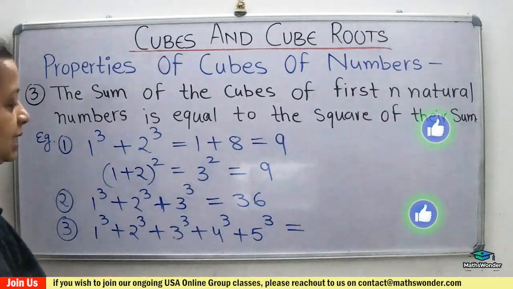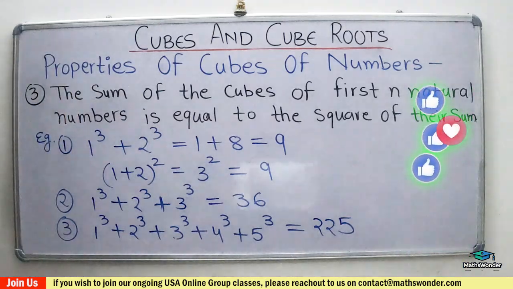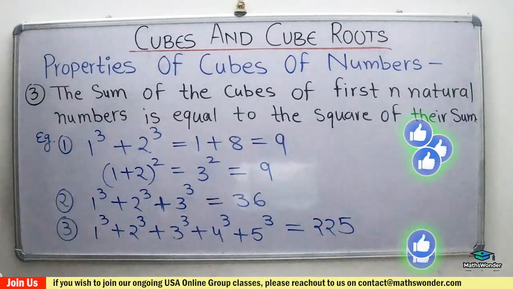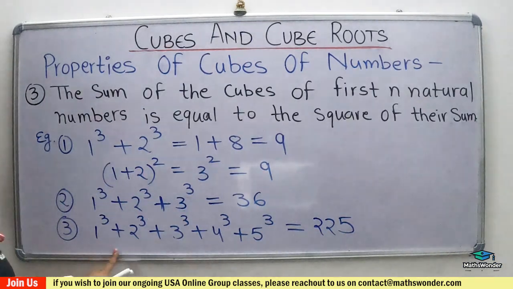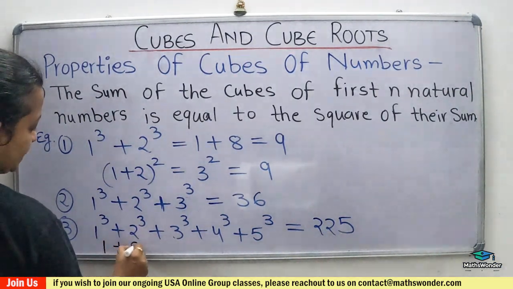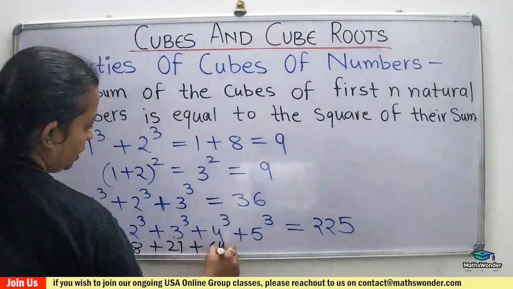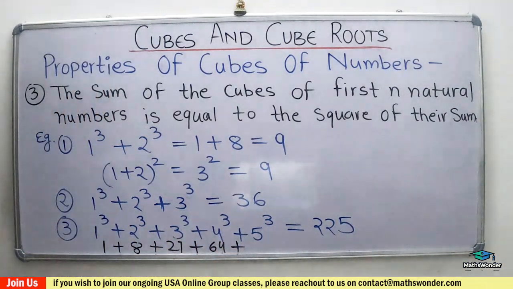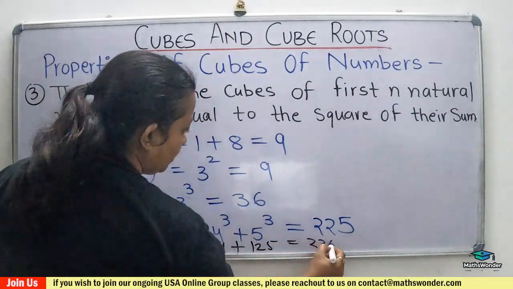And 15 square is 225. So this is the answer of the cubes. No need to waste your time. Suppose you do the normal method: 1 cube is 1, 2 cube is 8, 3 cube is 27, 4 cube is 64, 5 cube is 125. When you add it, you will get the same 225.